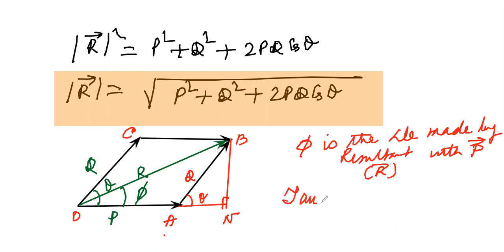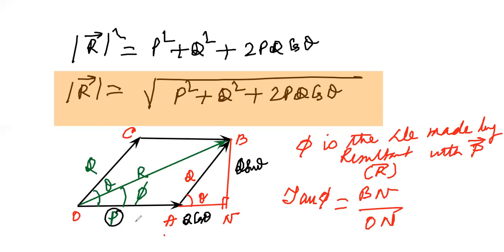Tan phi is equal to, therefore I can say, children, BN divided by ON. And what is BN? BN we have already taken as q sine theta. Hope you remember. And this AN was q cos theta. And this is ON. So ON was what? P plus q cos theta.